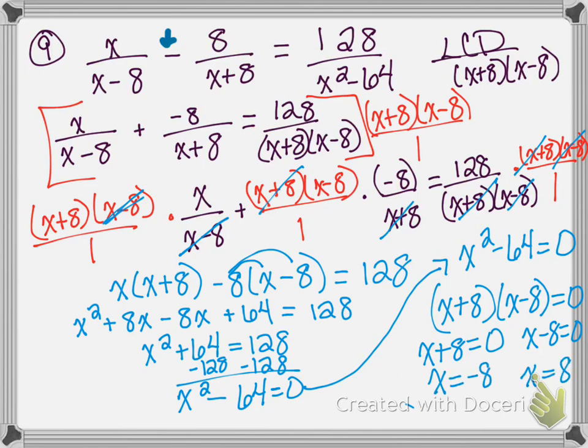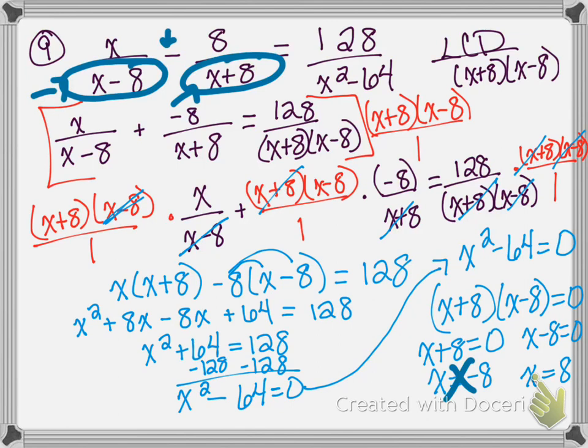But we have to go back up here. Look at this right here. I've got x minus 8 and I've got x plus 8. If I put negative 8 into here, I get 0. If I put positive 8 into here, I get 0. We have to throw both of these out. So my answer to this is no solution.